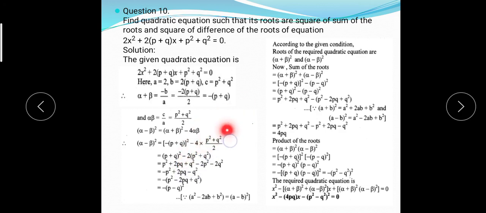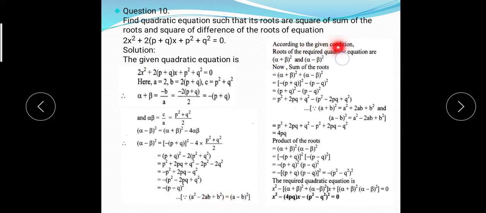So 2(p square plus q square): p square plus 2pq plus q square minus 2p square minus 2q square. Now p and minus 2p is minus p square, q square minus 2q square is minus q square, and 2pq as it is. So after taking a minus sign common, you will get p square minus 2pq plus q square. So alpha minus beta whole square is minus (p minus q) whole square by using this identity.